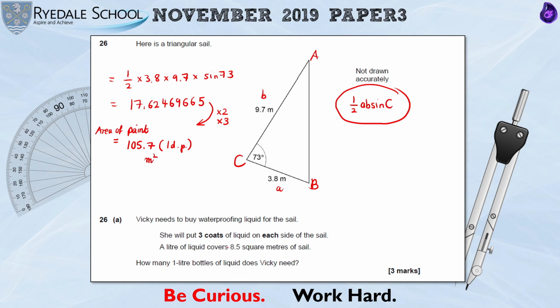You then have the bit of information that the 1 litre can cover 8.5. So we need to see how many 8.5s go into this. So we divide it by 8.5 and we get 12.4 bottles. But obviously you can't buy 0.4 of a bottle, so we have to round that up to 13 bottles.